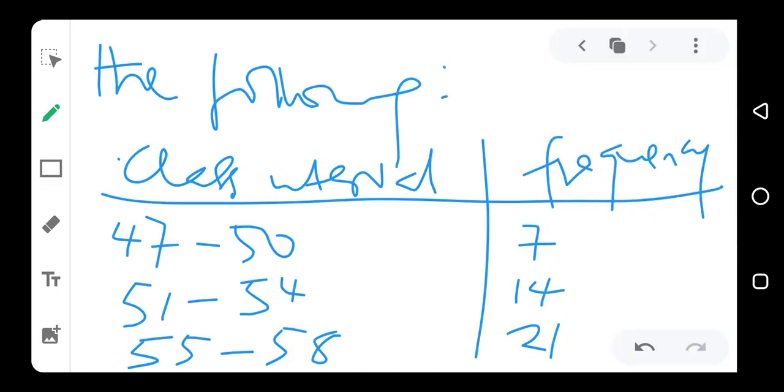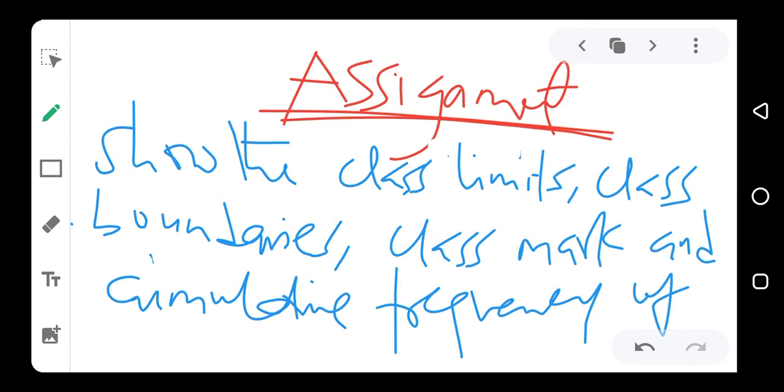Okay, so you use these class intervals and the frequency, and then you show the following data for each of them. Show the class limits, the class boundaries, the class mark, and cumulative frequency.